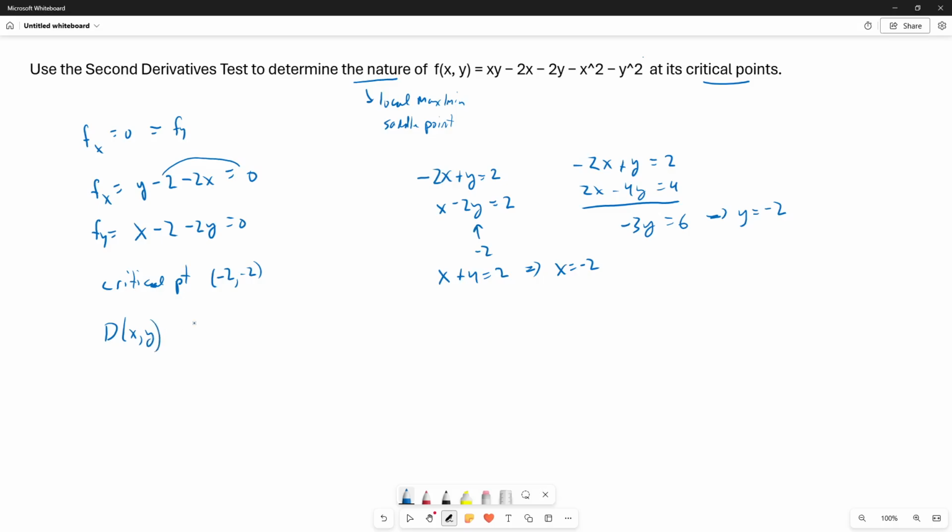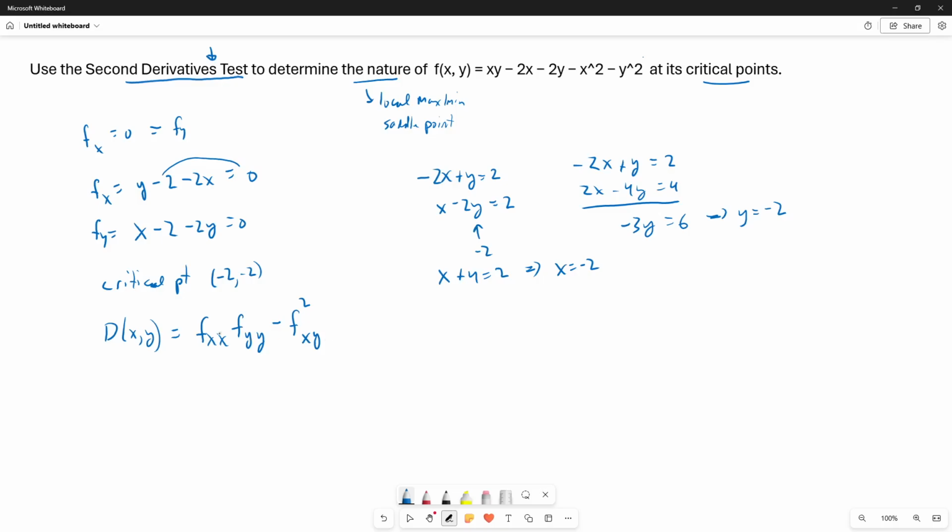Now we have to calculate the discriminant, which involves the second derivatives of the function, and that's why we have the second derivatives test. That's a plural. We have 3 different second derivatives: the pure second derivative in terms of x, the pure in terms of y, and the mixed.